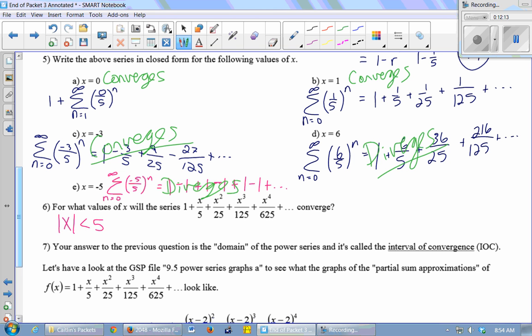Because this is a geometric series, my constant multiplier is x over 5, and the constant ratio has to be less than 1 in absolute value to get convergence in a geometric series. Then you just solve this for x, and so the absolute value of x has to be less than 5.